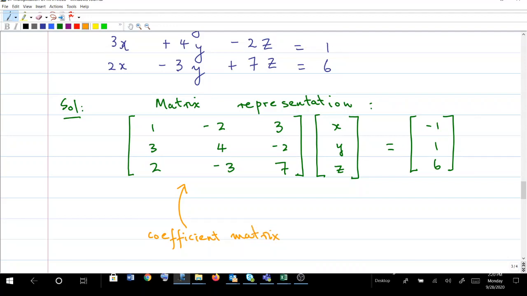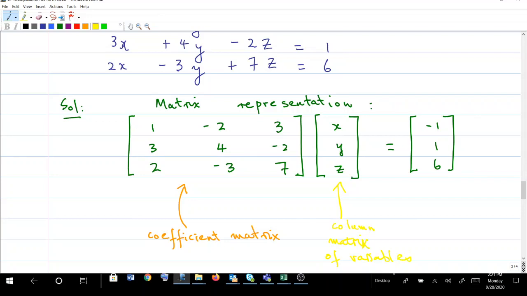Right? That is multiplied by a column matrix of variables, right?